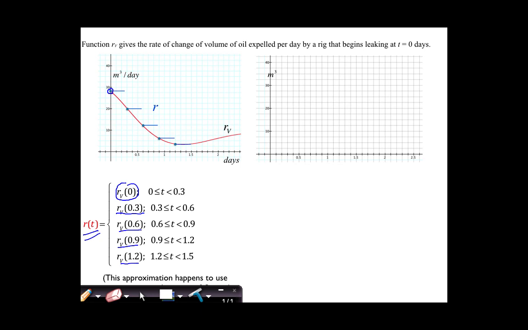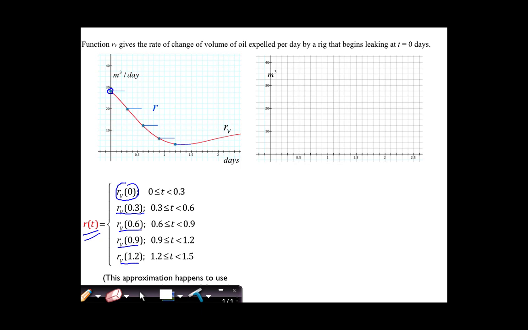So this is just using 5 different values of the red exact rate of change function. But instead of just using them for a small moment, we're using them for 0.3 days at a time because we can see this and we can do some computations in a reasonable amount of time by hand.